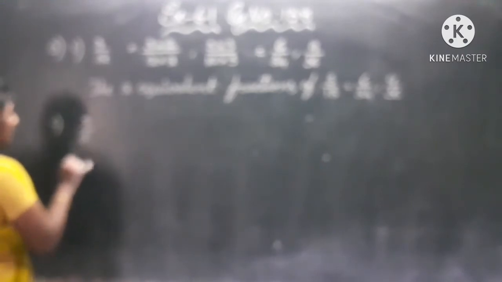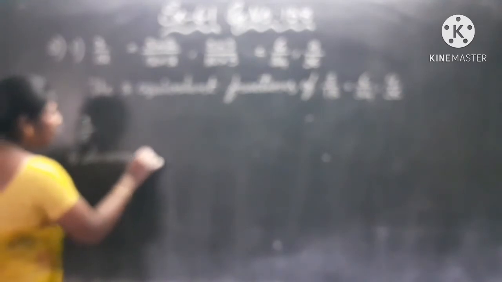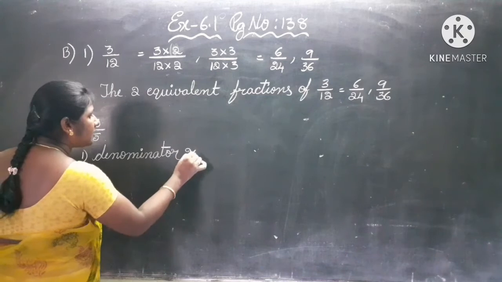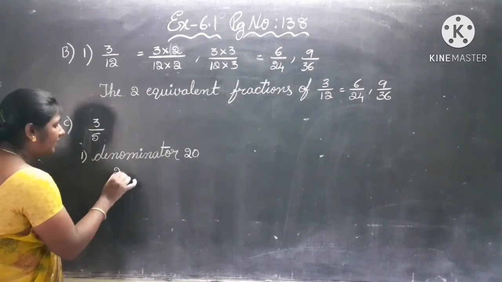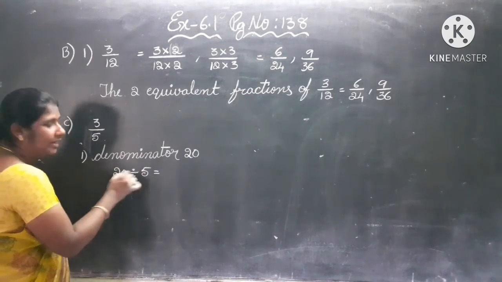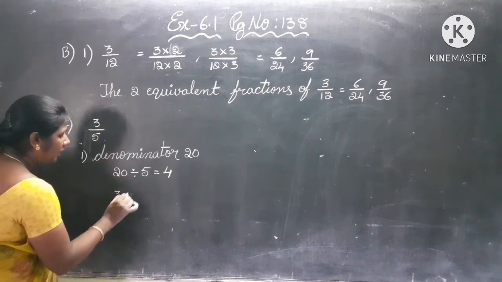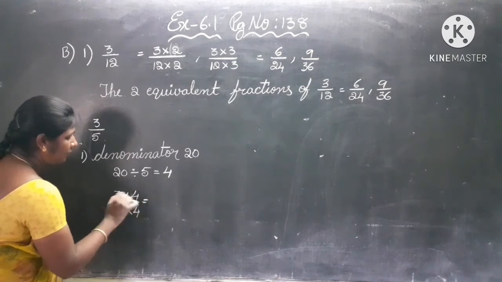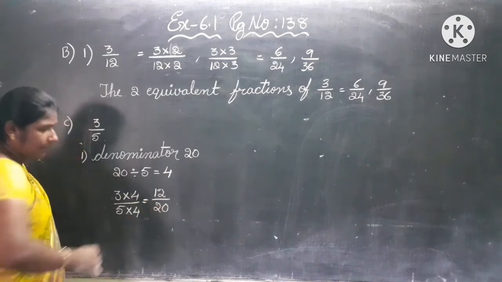What is the denominator number in the fraction? 5. So 20 divided by 5, how much will we get? 5 4s are 20. So both we have to multiply with 4. 3 into 4 by 5 into 4. 3 4s are 12 by 5 4s are 20.